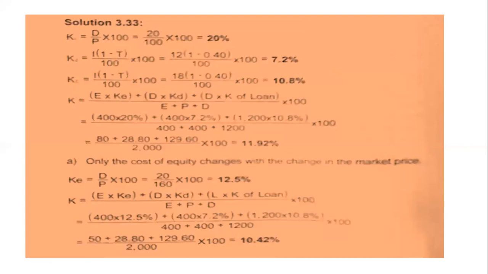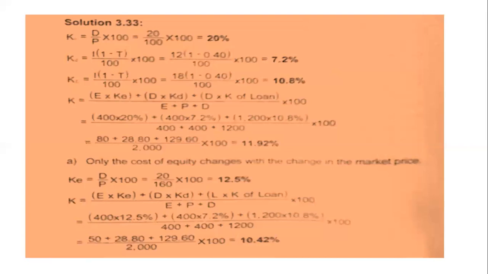Tax rate is given 40%, so in fraction we must consider 0.40, because out of 1 rupee, 40% would be the tax and 60% would be the net income that belongs to the holder. So 12 into 0.60 divided by 100 into 100, that means the cost of debt will be 7.2%.